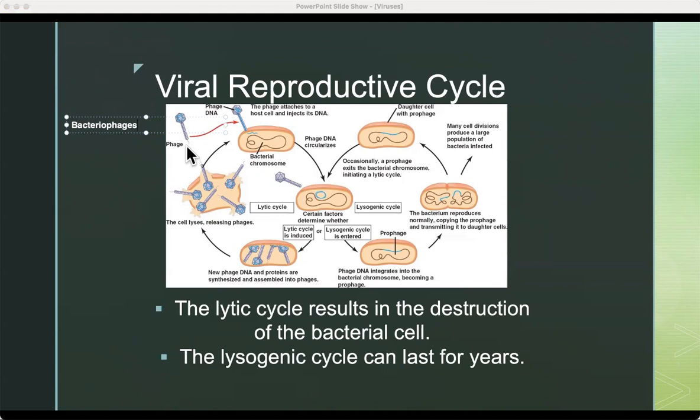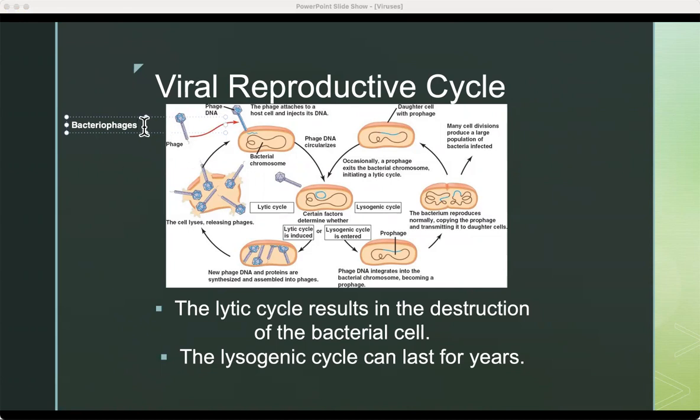Now, first of all, when a virus comes up to a host cell, keep in mind that specific viruses infect specific host cells, or organisms, I should say, but not just a specific organism, but certain types of cells within that organism. Like for instance, the SARS virus affects cells that are in your upper respiratory tract.